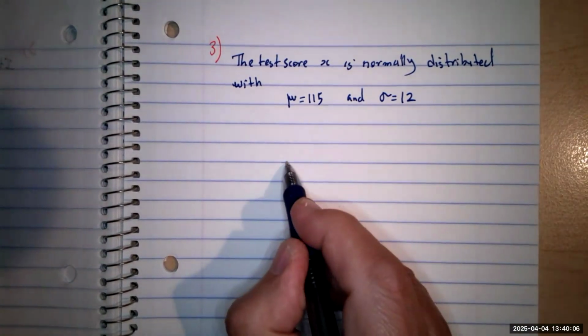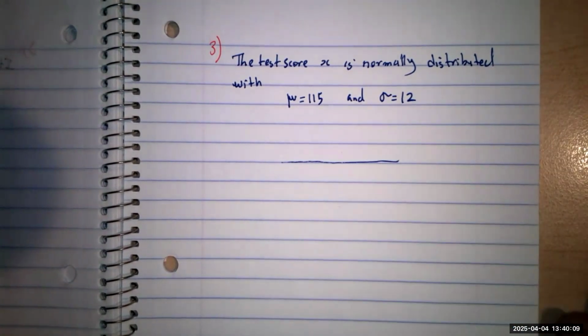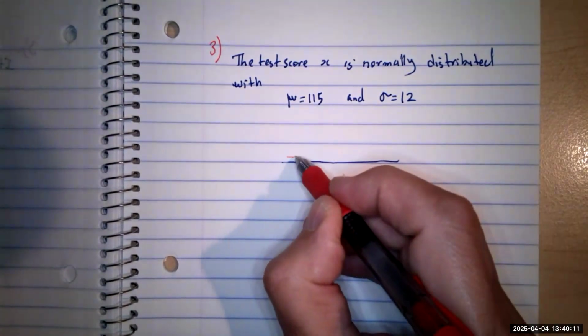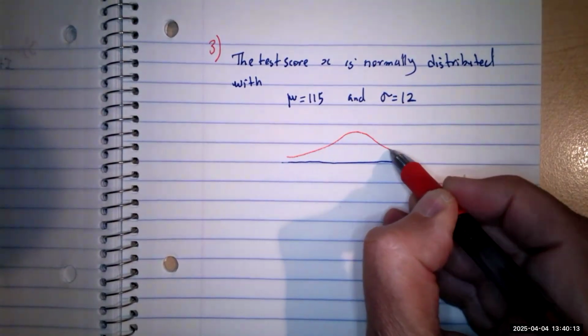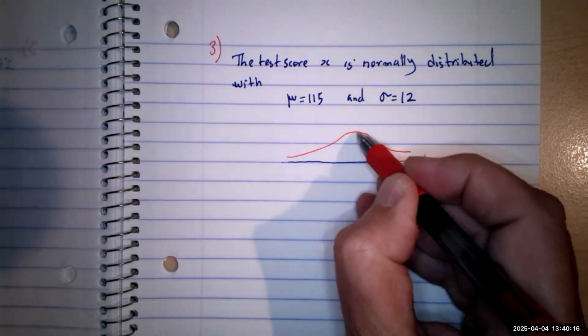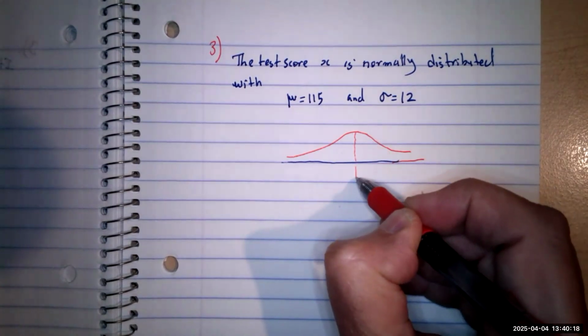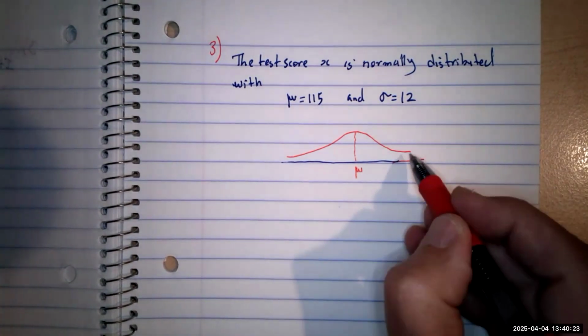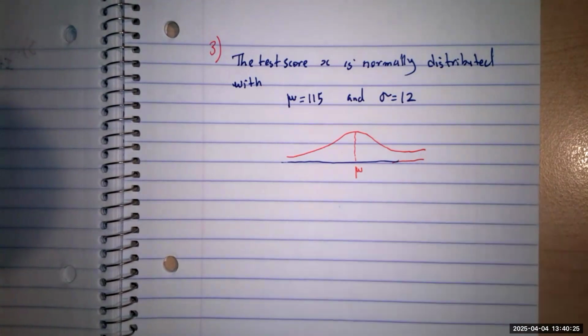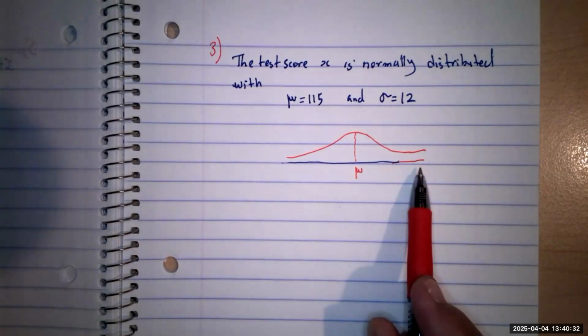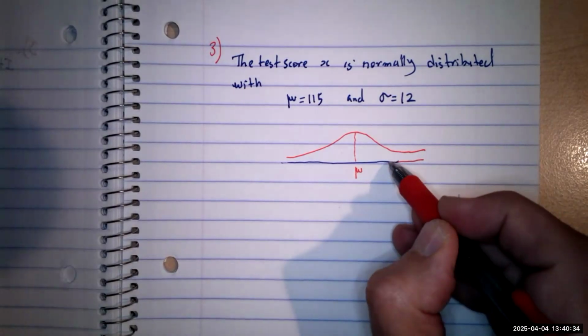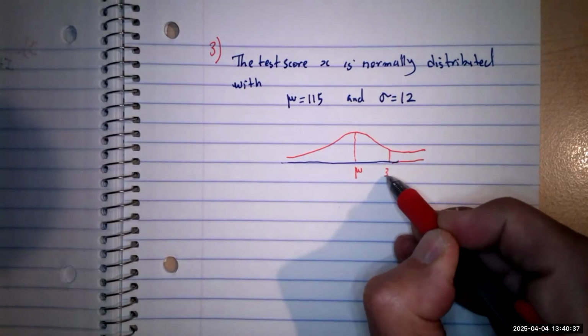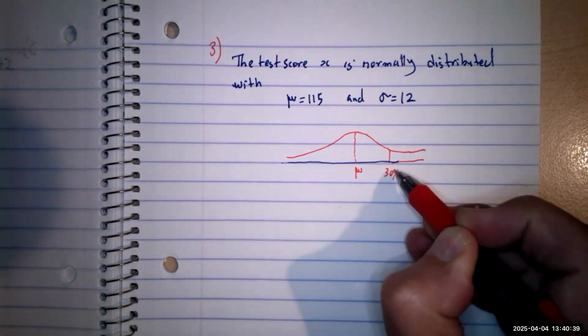This is, of course, your normal distribution curve. You know that the center is going to be the mean. So what are you interested in? If you want to be accepted into the club, your score must be in the upper 30%. Upper 30% means if this is 30%, you must be here.